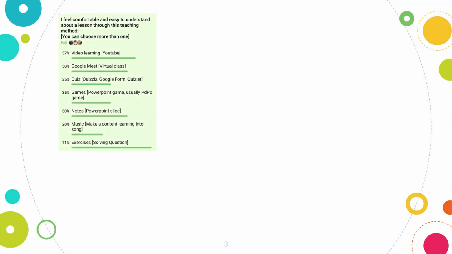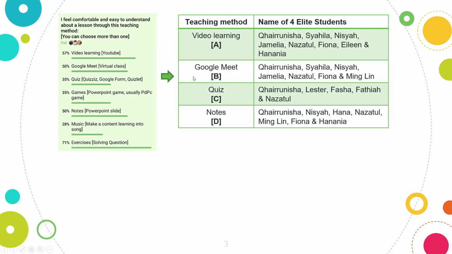Okay, this is the survey that I did with you this week. The survey is about the teaching method that you feel comfortable with and easy to understand. I took only 4 teaching methods: video learning, Google Meet, quiz, and notes.